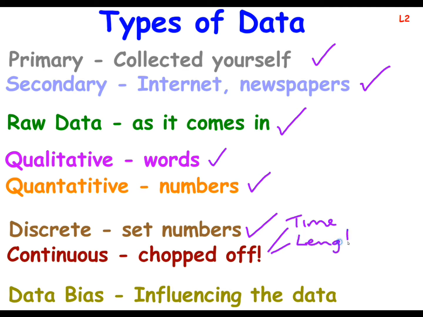Length, depending on what we're measuring our length with. Weight, depending on how accurate our scales are. And finally, temperature, depending on how many decimal places there are on our thermometer. That'll tell us how accurate our temperature is.